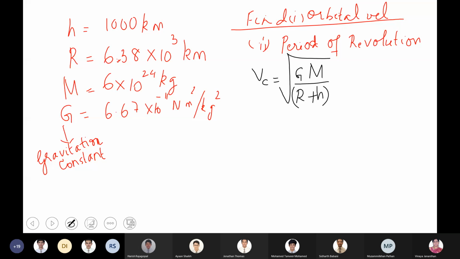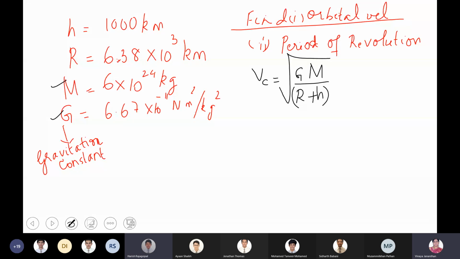Okay, because you cannot neglect height, and the values of G and M are being given, we are utilizing this. If anyone wants to find, what will be the other formula?